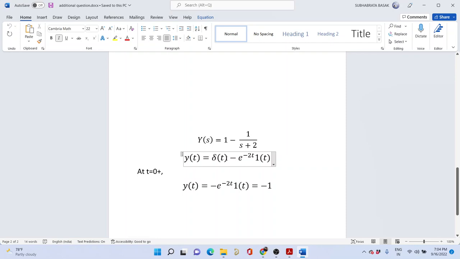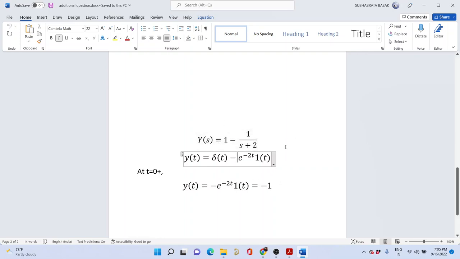If you are asked to find the initial value of such functions, you are asked to find the value of y(t) at t equal to 0 plus. At t equal to 0 plus, the delta term will not exist. So what you end up getting is minus 1. This is an example you should keep in mind, because a similar sum I illustrated the other day. You didn't face a problem because the sum was structured in that fashion, but here you would face a problem.